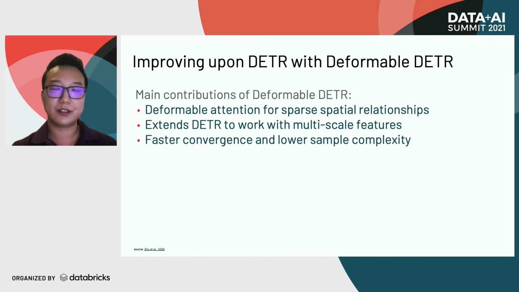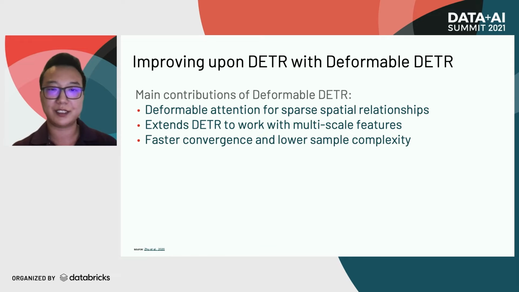Follow-up work that addresses both of these issues was done by Zhu et al. in their paper that introduced Deformable DETR. The main contributions in this paper are a deformable attention module that uses sparse attention instead of dense full-on attention, and it also extends DETR to use multiscale features.